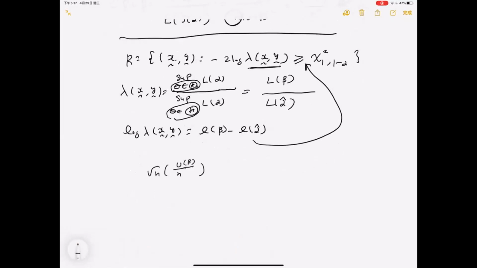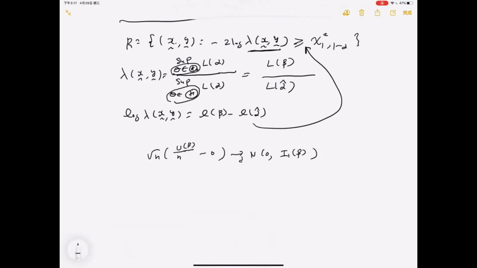So given the null hypothesis, alpha equals beta. That's the reason why I say u beta. So that guy's mean is 0, so minus 0, and then goes in distribution to normal 0, and this guy is I1, not I0, given that alpha equals beta. So this is a large sample property of a score function.